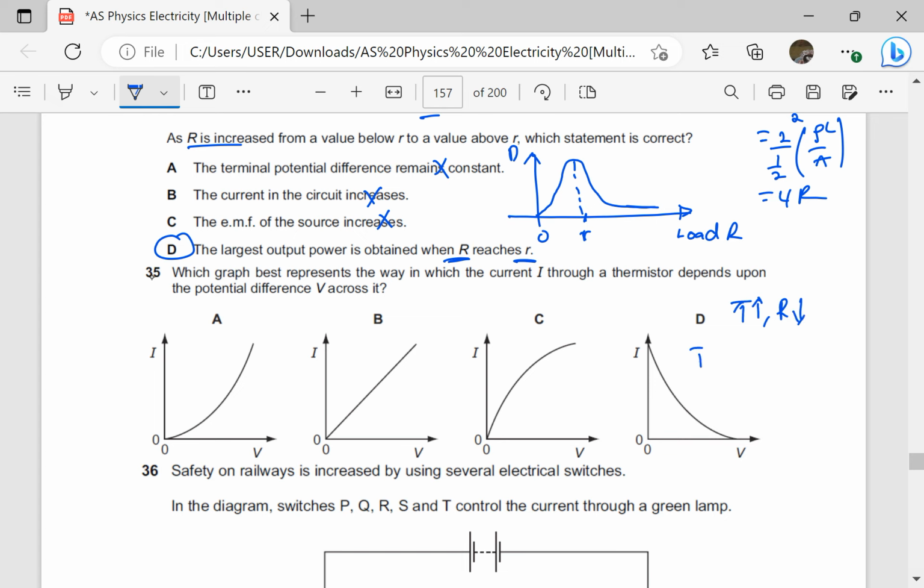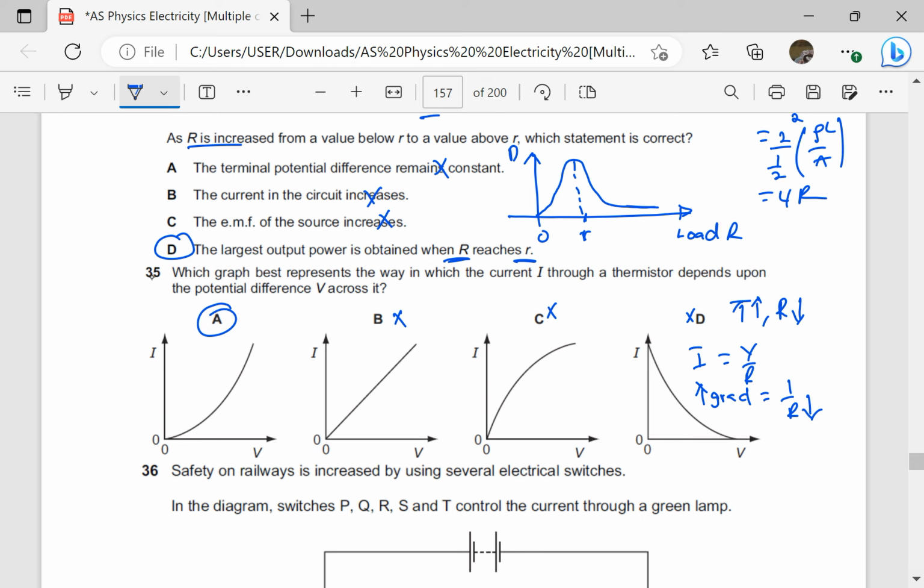But remember, I is equal to V over R. That means the gradient of this graph is going to be 1 over R. For a thermistor, as temperature increases, the resistance decreases. So when the resistance decreases, it means the gradient must be increasing. So this is showing decreasing gradient. This is showing constant gradient. This is showing the gradient is decreasing also here. So our answer is going to be A.